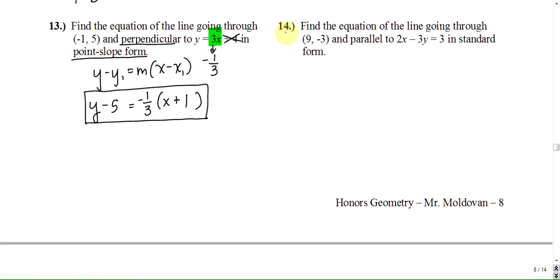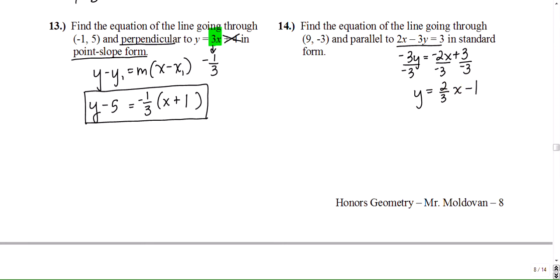Let's go to number 14. Find the equation of a line going through 9, negative 3 and parallel to 2x minus 3y equals 3. So this one is not in y equals mx plus b form. So I need to take the time to actually get it into y equals mx plus b, or slope intercept. Okay.